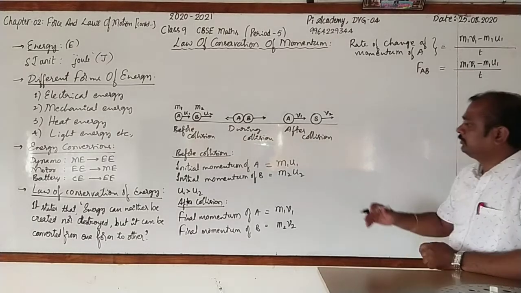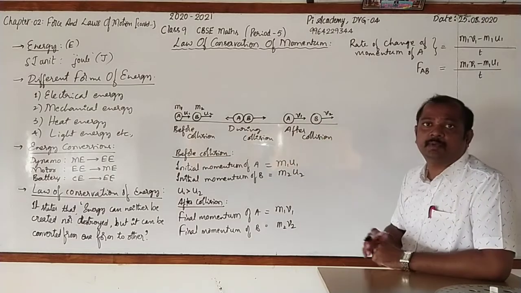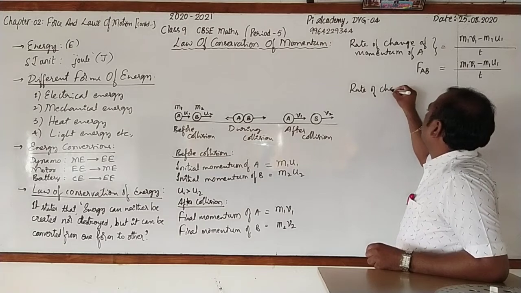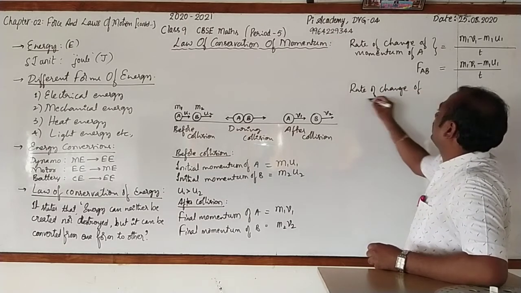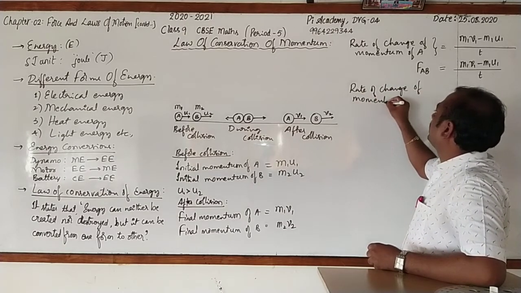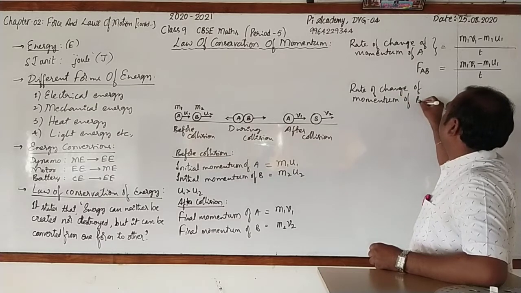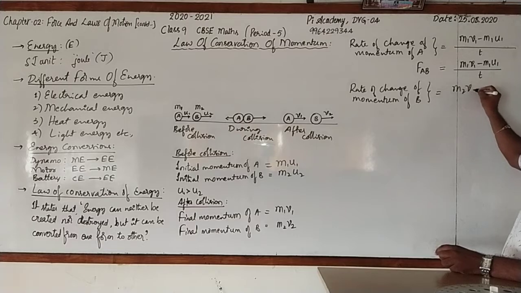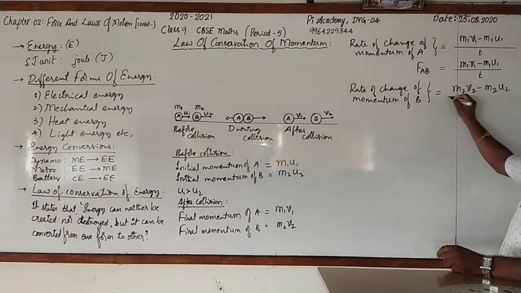In the same way, we can also find out the rate of change of momentum of B. Rate of change of momentum of B can be written as m2 v2 minus m2 u2, right?